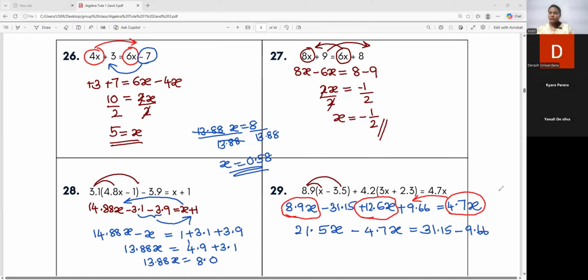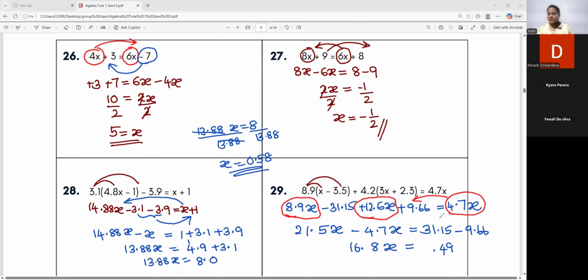Move the numbers to the right hand side. Then 21.5 minus 4.7 is like 15 minus 7, which is 8. This is 0. 20 minus 4 is 16. 16.8x equals 31.15 minus 9.66. 15 minus 6 is 9. 0 minus 6 can't, so 10 minus 6 is 4.